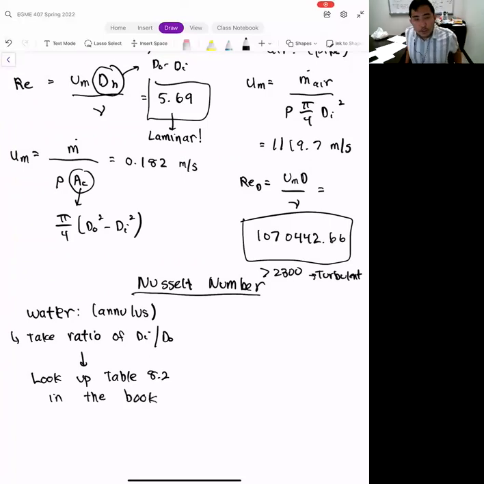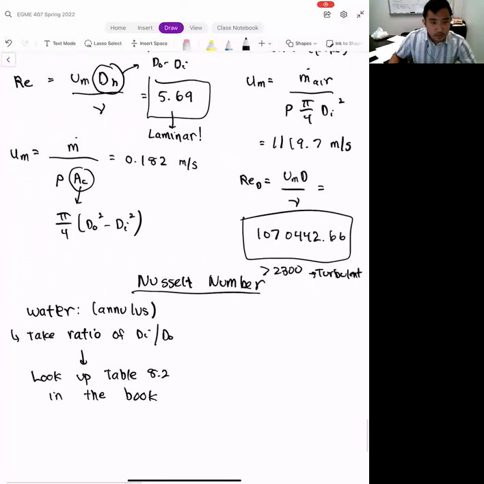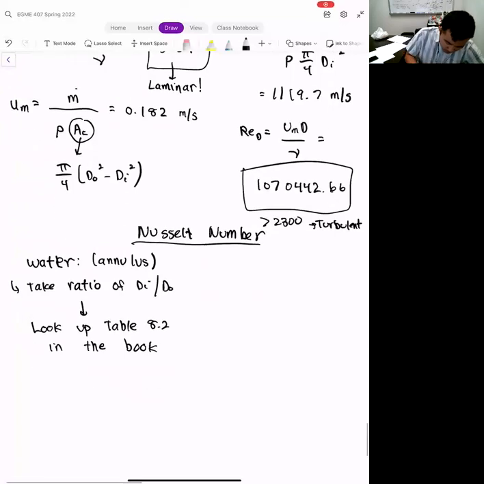What that table shows you is that, for certain ratios of Di over Do, you get different values for the Nusselt number.